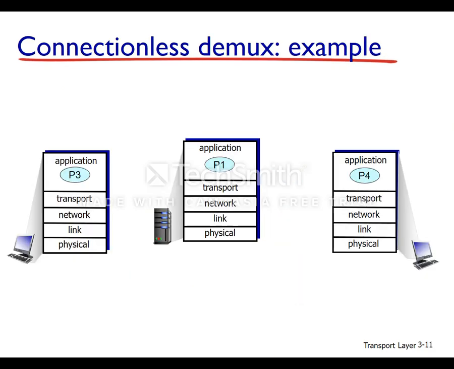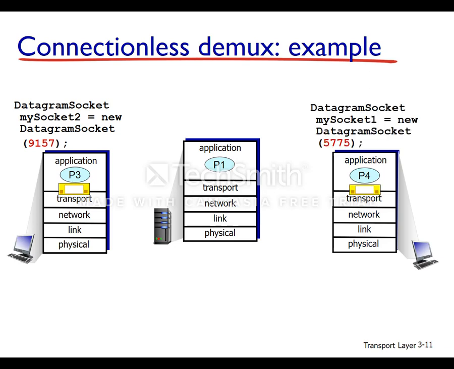So here is an example. P3 and P4 are client processes. P1 is a server process, and so we create a datagram socket going to port 9157, and we create a datagram socket with port number 5775, but our server process is running on port 6428.